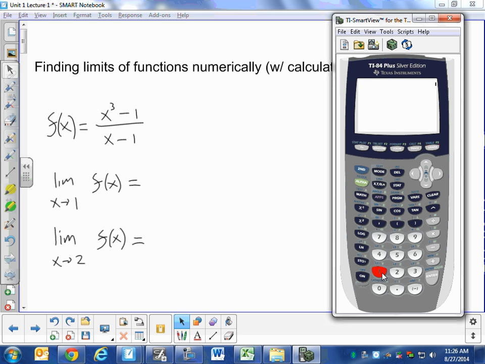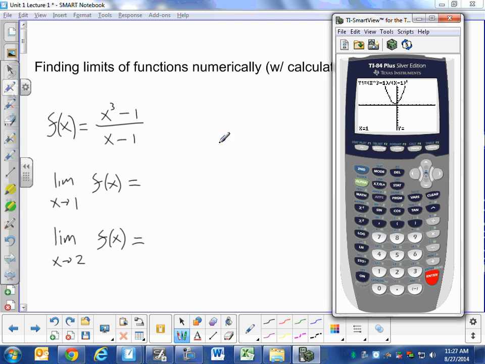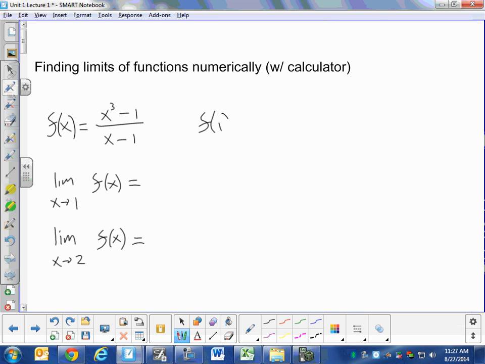I don't know if you can just press a value. No, you have to actually press trace first, and we can see what is the function value when x is 1. Y becomes blank. Why is that? Exactly, Mr. Rogers. I can't plug in and find f of 1.